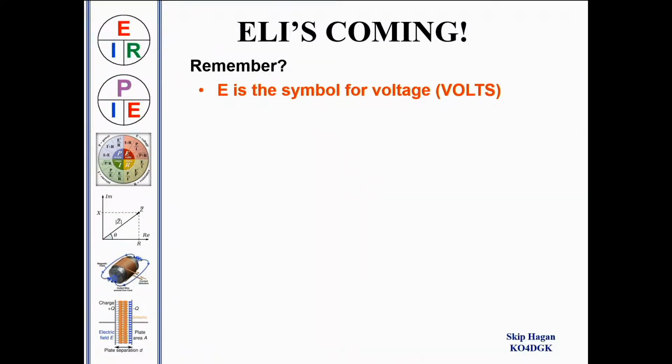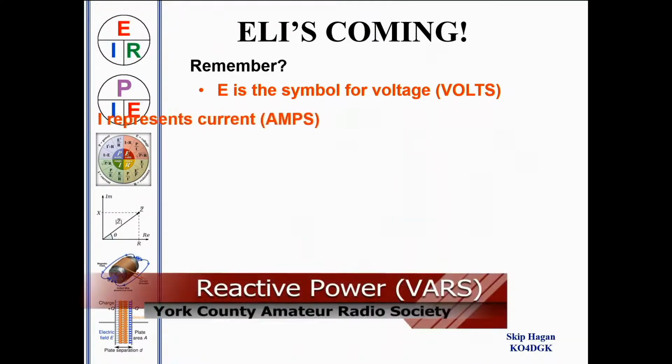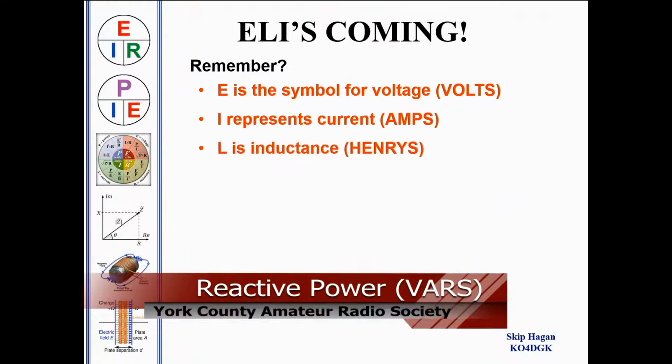ELI'S coming. Some of you old folks like me remember that song. But here we'll look at E as the symbol for voltage. Everybody's familiar with that. I represents current. L is inductance in henries. And C is capacitance in farads.